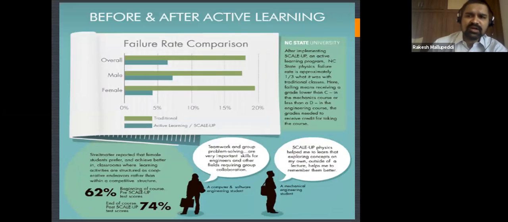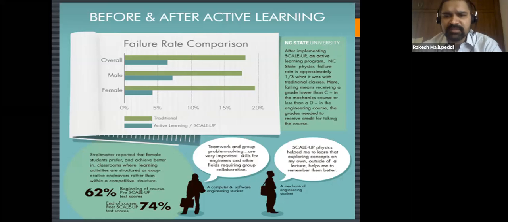So just a look at before and after active learning. In the NC State physics department, one type of active learning was implemented, and they measured how the students are performing, what the failure rates are, how it was before and how it is later.